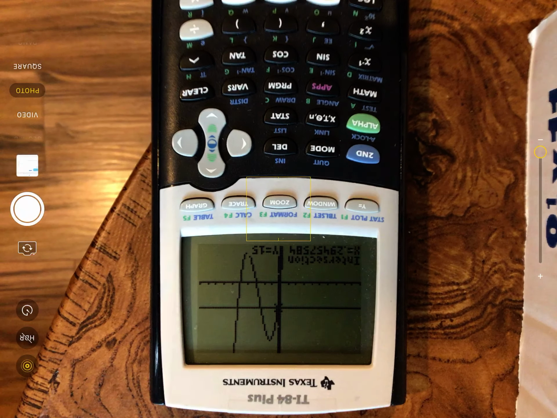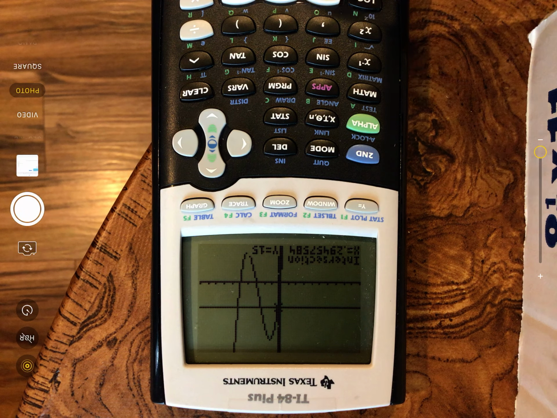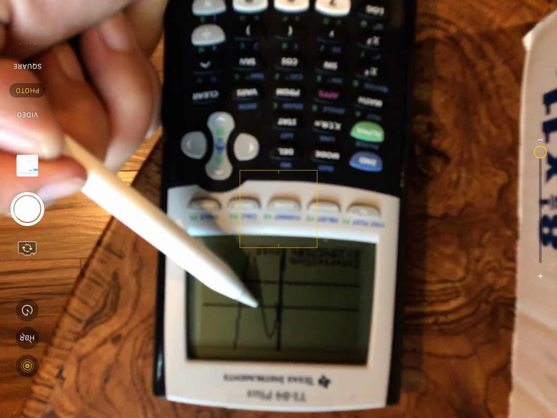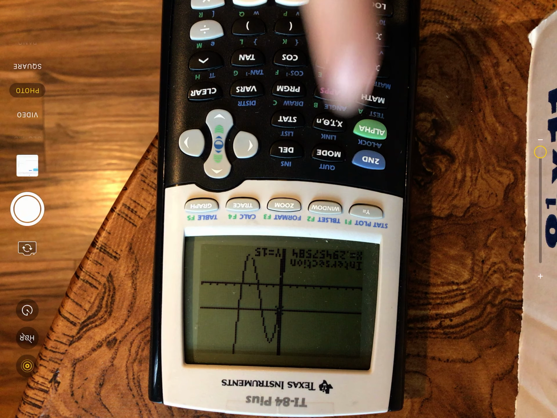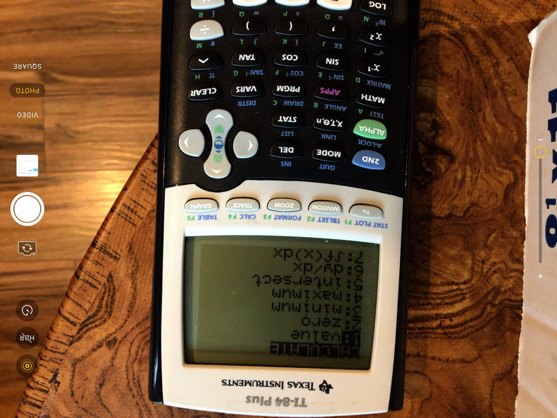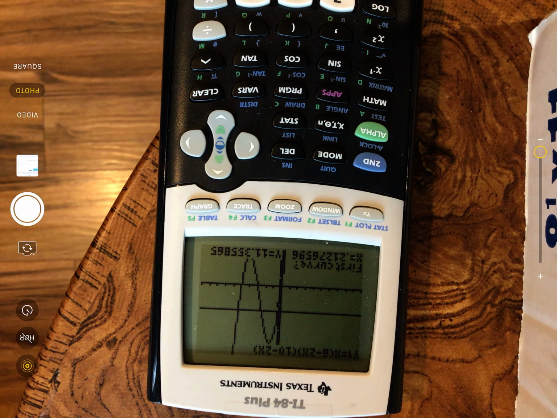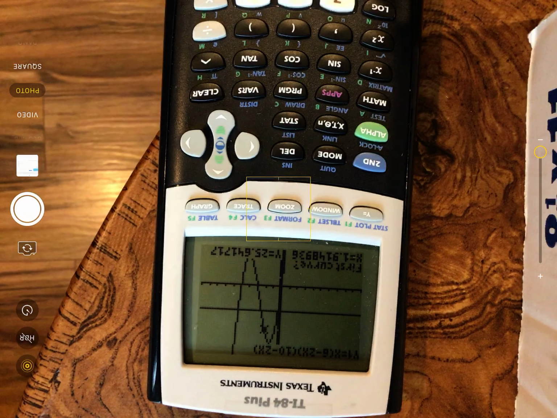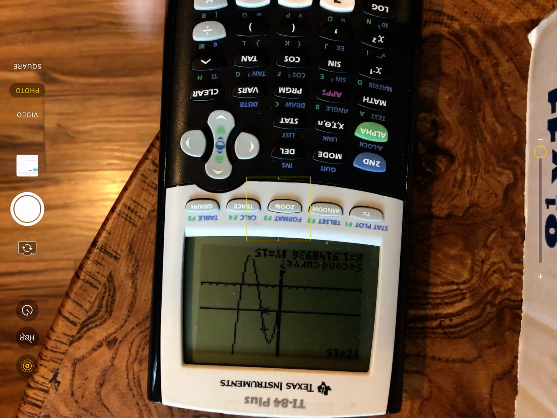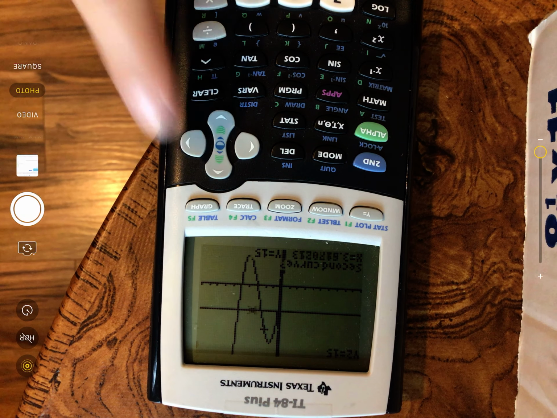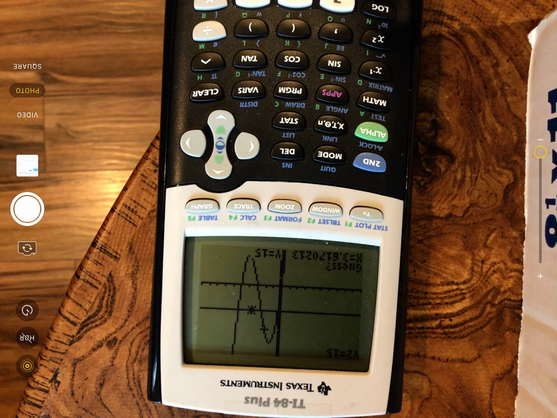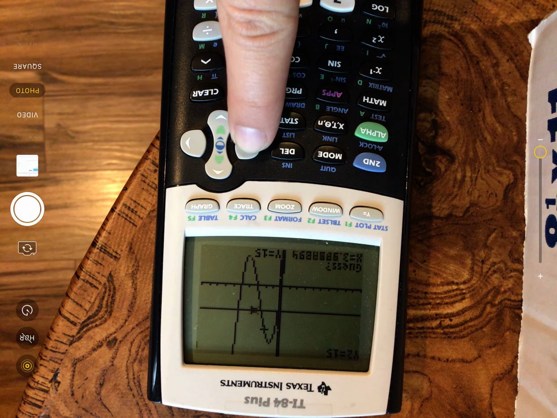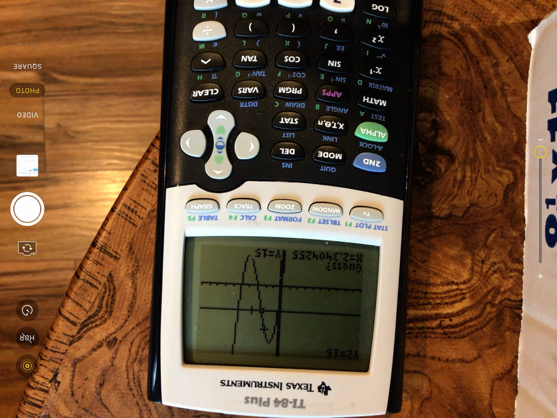So going back in, I need to repeat that process. I need to find the intersection now at this intersection. So I need to go back in to my calculate menu, I'm going to go to intersect. I'm going to make sure I'm on my first curve, so I'm on my polynomial right now, so I'm going to hit enter. Now I need to make sure I'm on my line, which I am, so I'm going to hit enter. And then guess, I'm going to tell the calculator I want it to be looking for the intersection that's around here.